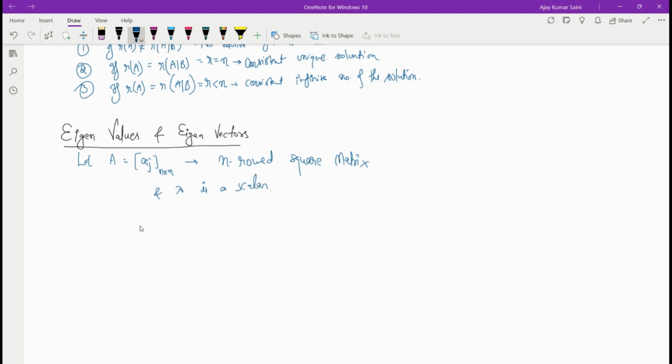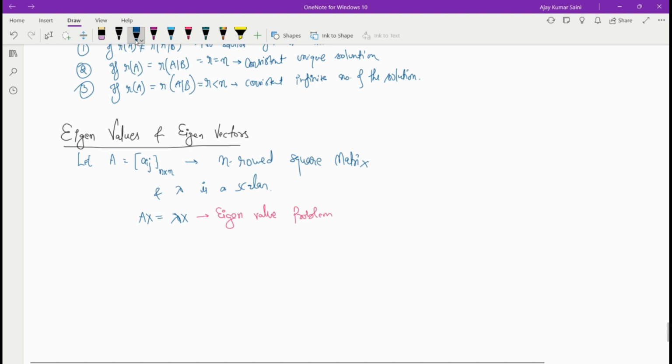So now Ax is equal to lambda x. Okay, so it is the Eigenvalue problem.